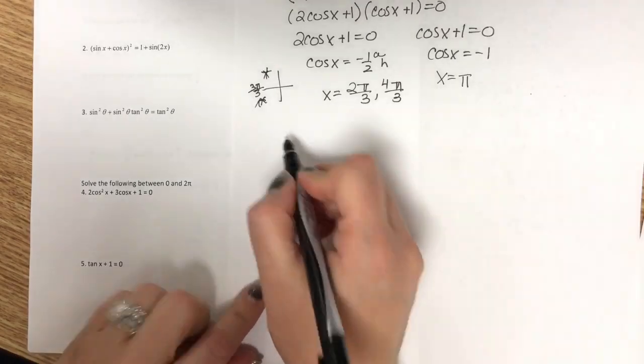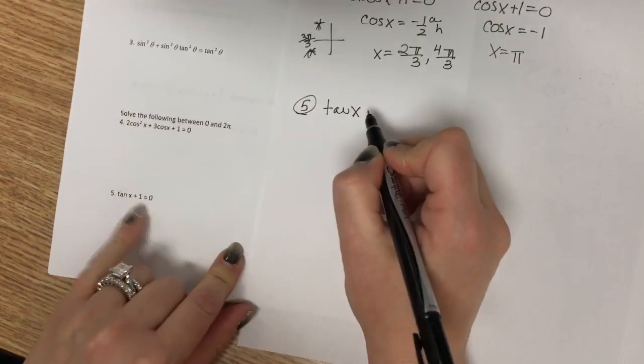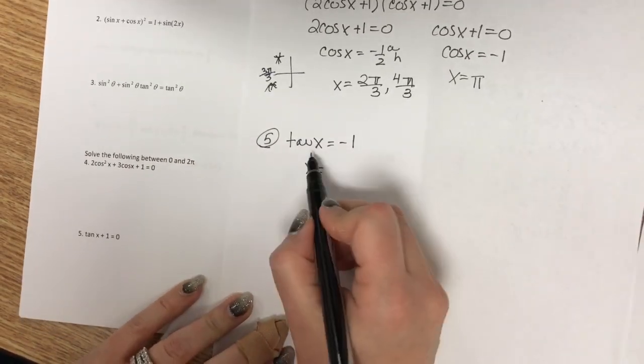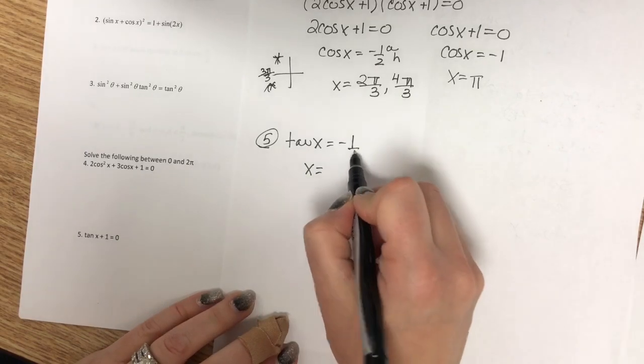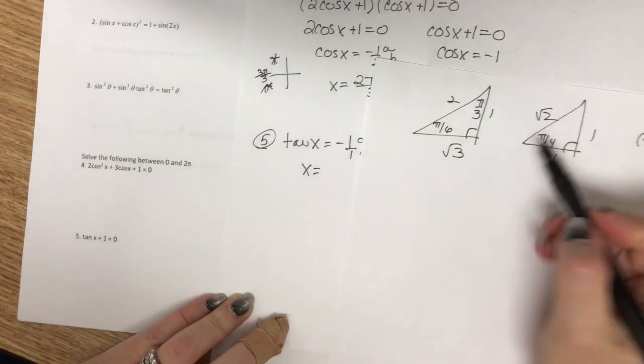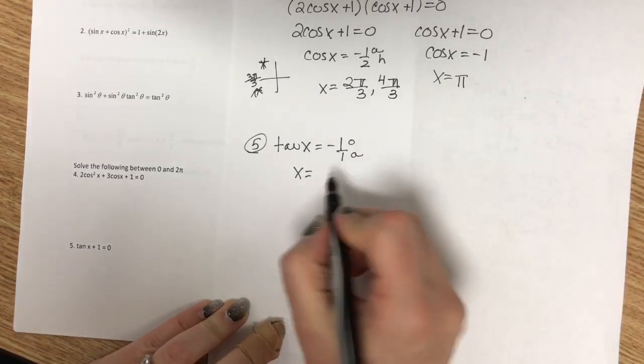Okay, number 5. Tangent of x. I'm going to subtract the 1 to the right. So this is saying when does tangent equal 1? So that's opposite over adjacent. That happens with pi over 4 where they are 1 and 1.